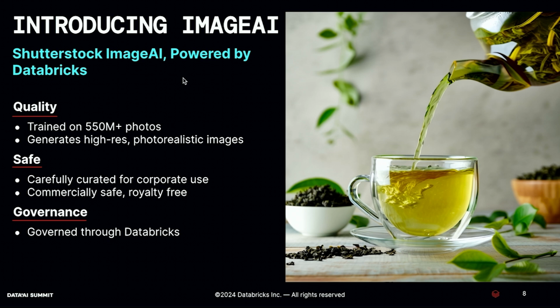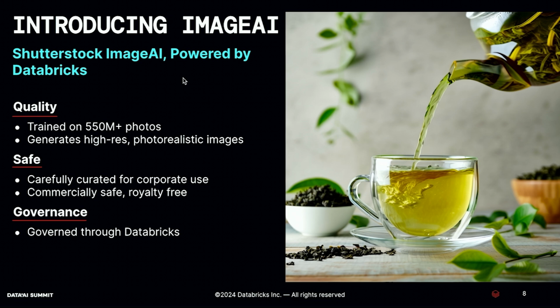So you can be confident that the model is generating images based on data that is safe for enterprise use. Also, as you can see, the photos are generated in very high resolution, they're photorealistic. That goes to show that this model was designed with quality in mind.